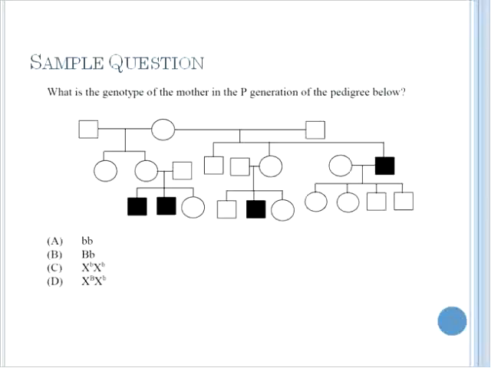This question here, as posed, asks you for the genotype of the mother in the P generation of the diagram below. To diagram this out, we know that P, F1, F2. One of our first clues in solving this one is you look at the individuals that have the trait.